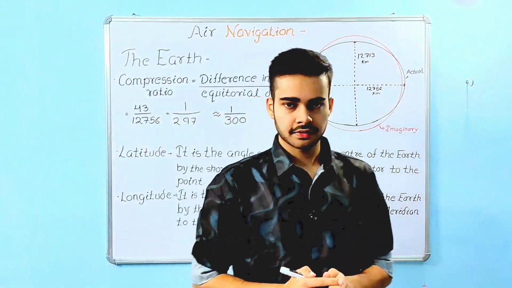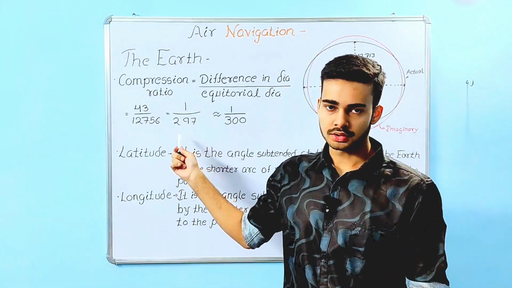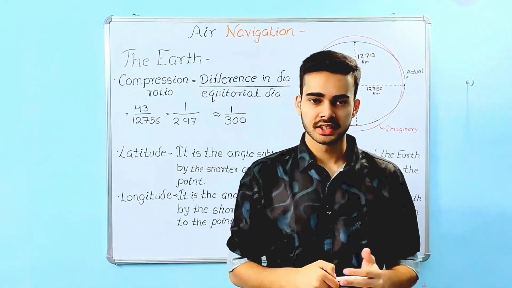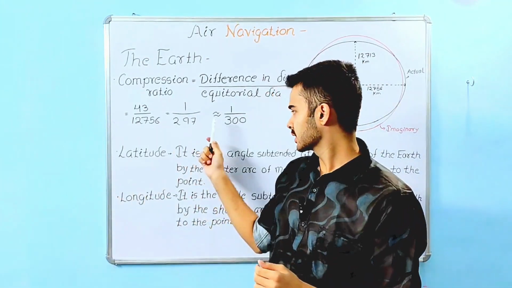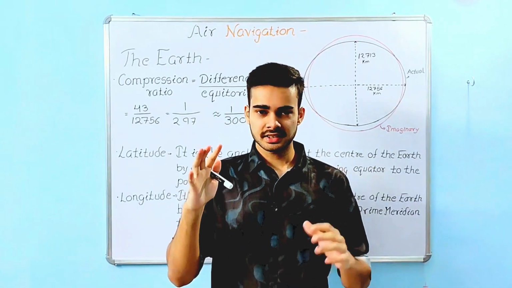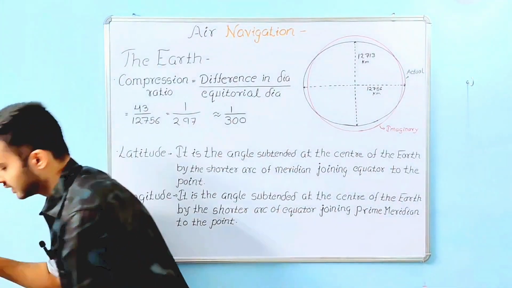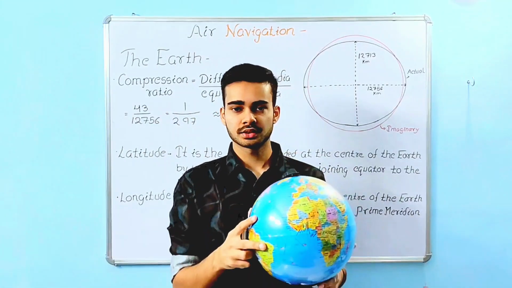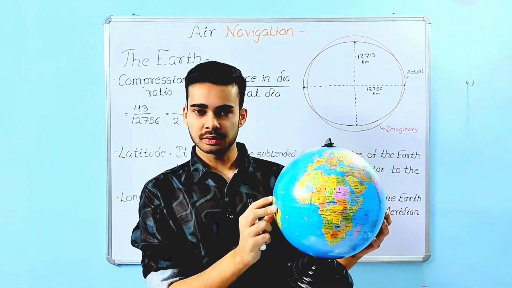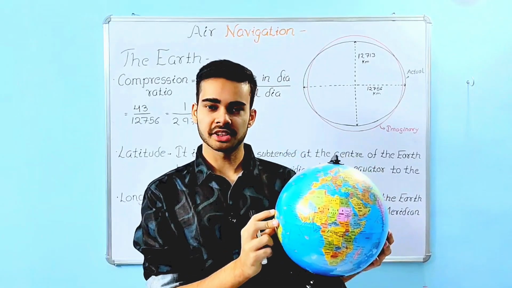The value comes to 1 upon 297, and we round it off. That becomes 1 upon 300. So let's quickly understand what this 1 upon 300 is. Let's imagine this is our Earth, and the equatorial diameter is 300 kilometers only.